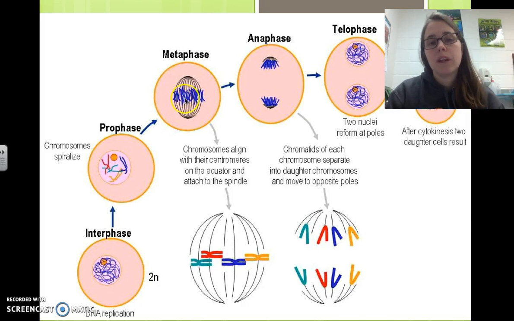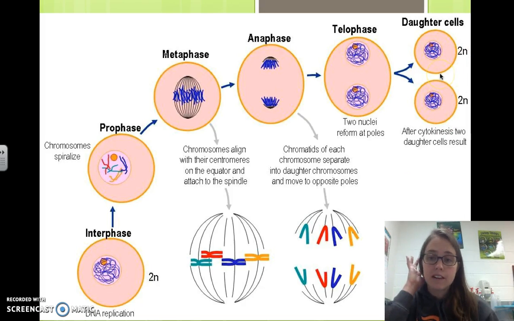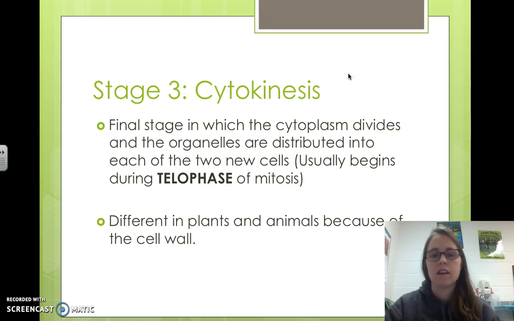Then they all line up along the middle, and then they pull apart, and then a new nucleus forms. Now the cell will divide into two new cells. This is not a part of mitosis, but this is mitosis, mitosis, mitosis, and mitosis.